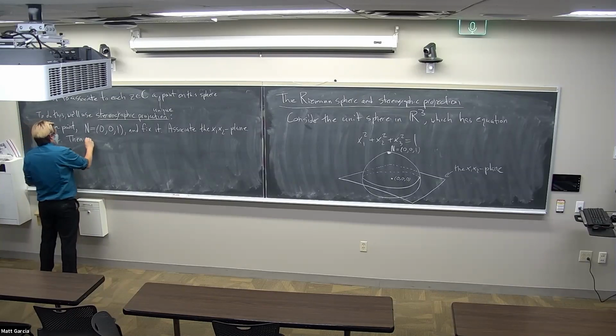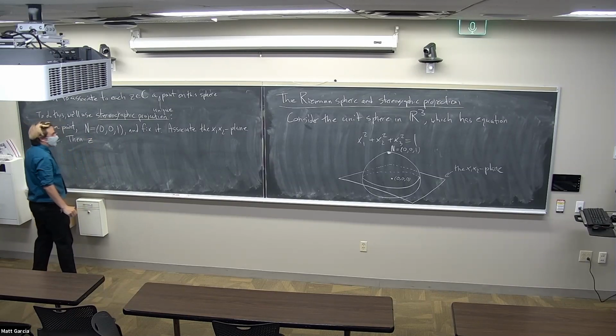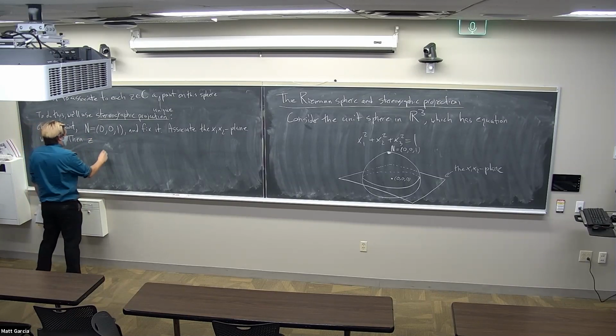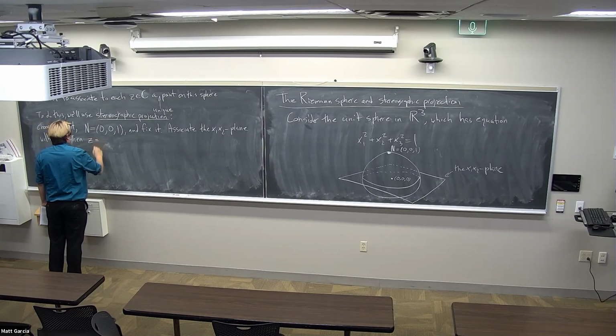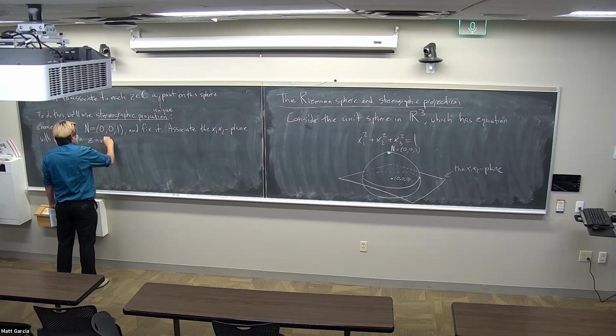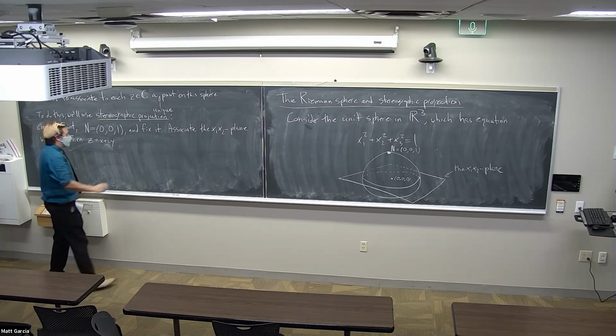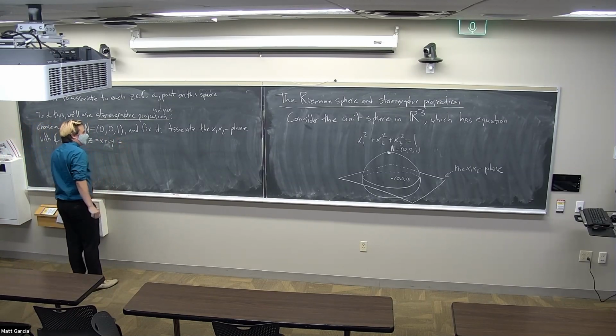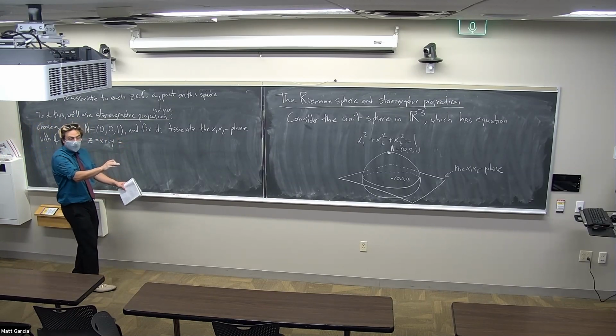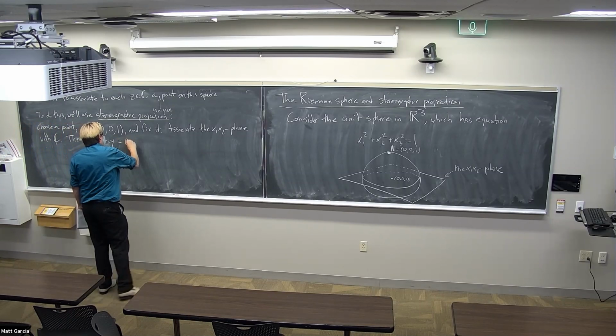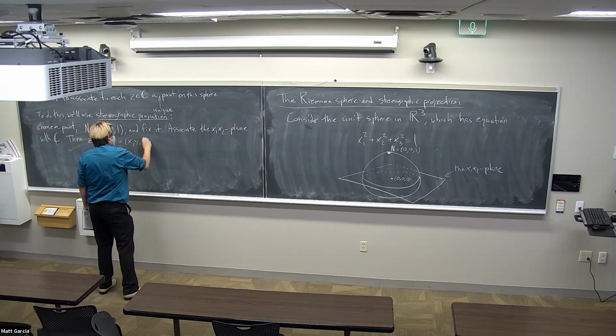Then a complex number z, little z, written in our standard way, x plus iy, can also be represented in 3 space on the x1, x2 plane as x, y, 0.